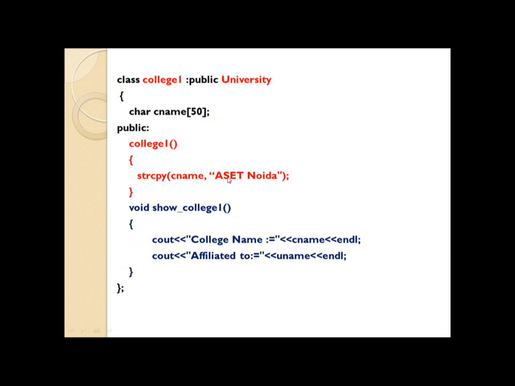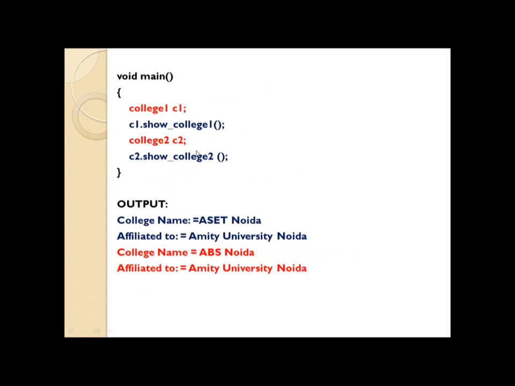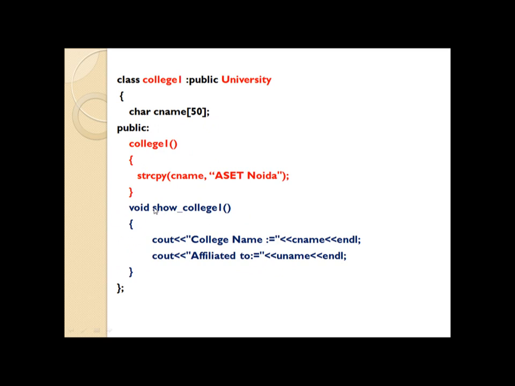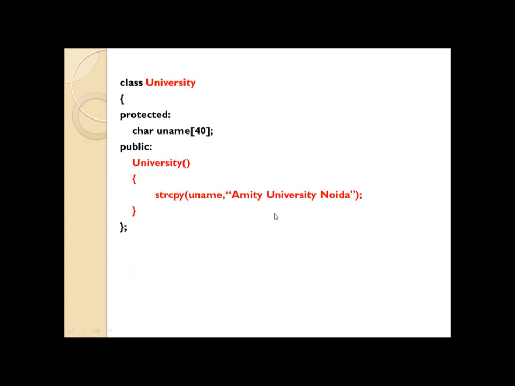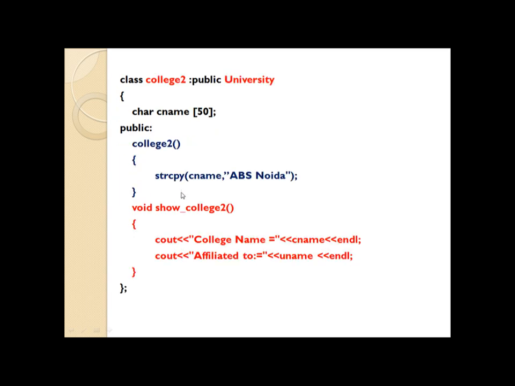It checks this statement, copies this string into this, and after that we have written C1 underscore show underscore college 1. Then control will move here, display the C name, and cout affiliated to U name. This information will come from this constructor.